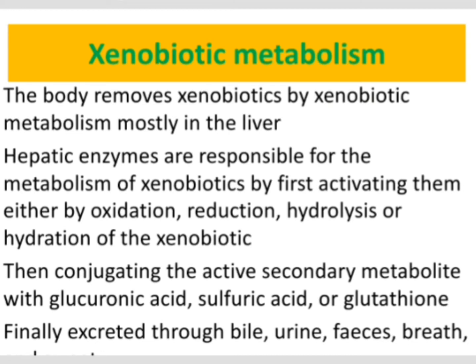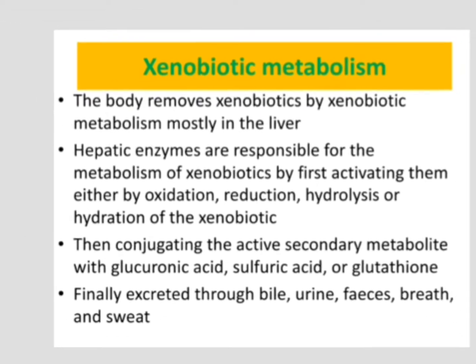Xenobiotic metabolism. Inside our body, these xenobiotics are usually metabolized by the liver. Hepatic enzymes are responsible for the metabolism of the xenobiotics, either by oxidation, reduction, hydrolysis or hydration. The xenobiotic is converted to a secondary metabolite, and then that active secondary metabolite is conjugated with compounds like glucuronic acid, sulfuric acid or glutathione.